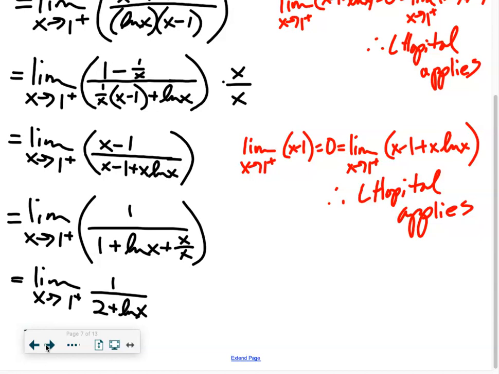So now can you find your limit? So the answer to infinity minus infinity is 1/2.